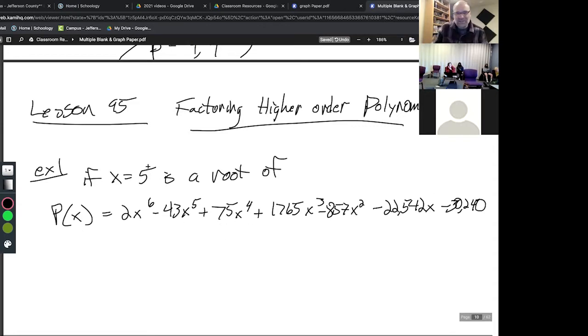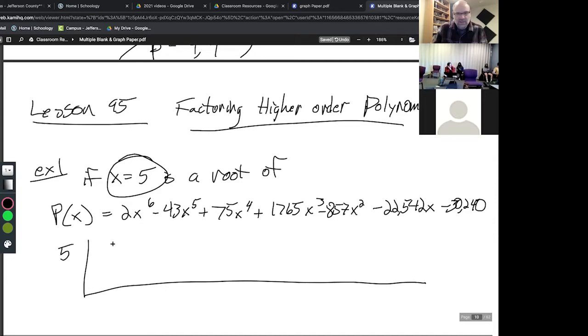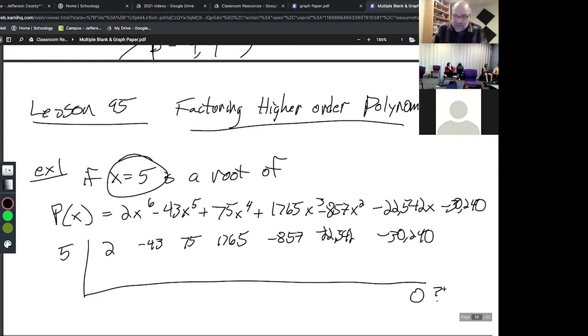So basically, we're just going to plug this into synthetic division and see if it works. Put the coefficients: 2, negative 43, 75, 1765, negative 857, negative 22,542, negative 30,240, and then we want to see if we get 0. If we get 0, then it's a root, no remainder, right?